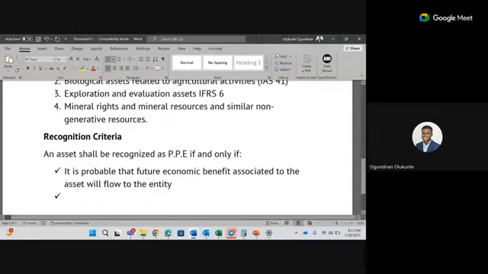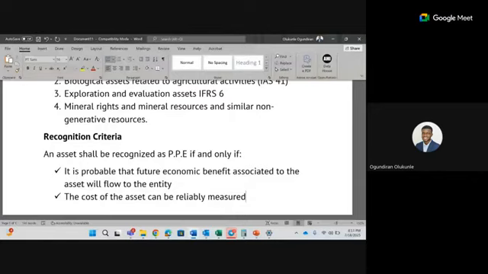Number two is that the cost of the asset can be reliably measured. Right. Those are the two things that have to be fulfilled before you can recognize an asset, right?